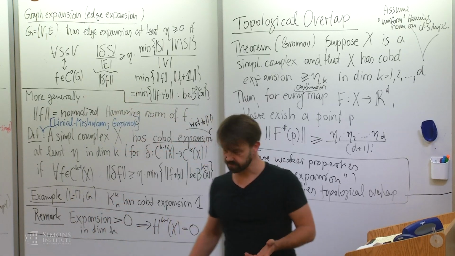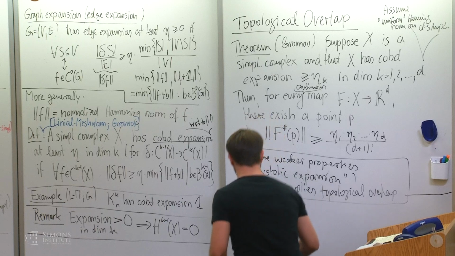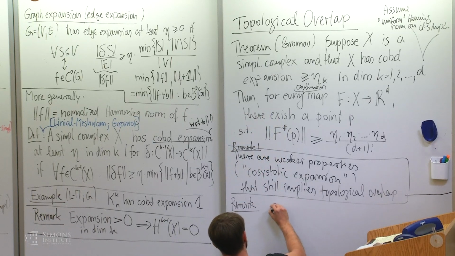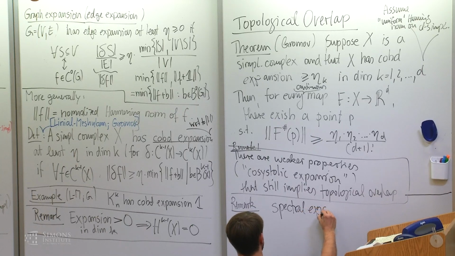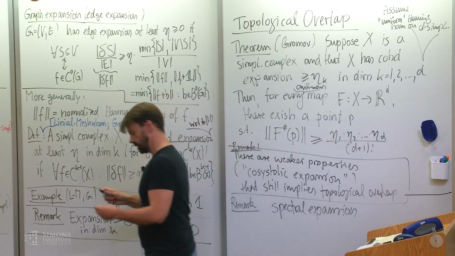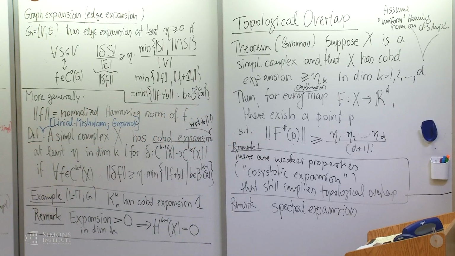But there are results due to, so let me write spectral expansion. You're saying it doesn't imply, so there are counterexamples? Yes. It depends. One counterexample is a probabilistic construction that I don't really have time to describe.